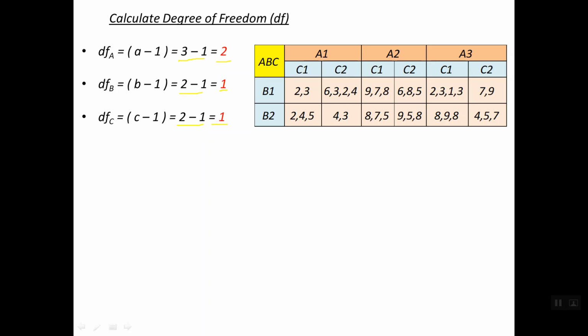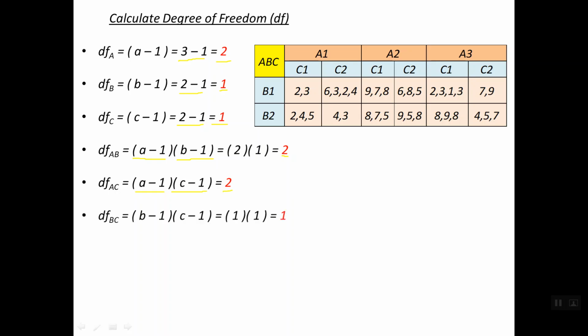Now we can simply count the degree of freedom for the interaction between these factors. Degree of freedom for A and B is simply the multiplication of the degree of freedom for factor A times the degree of freedom for factor B. So 2 times 1 is equal to 2. Degree of freedom for A and C is simply degree of freedom for A times the degree of freedom for C, which is equal to 2.